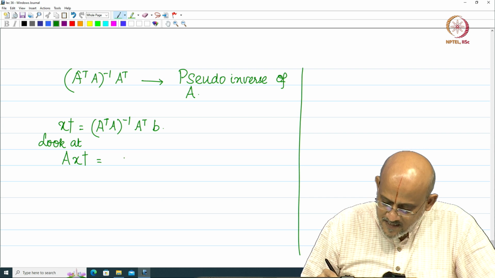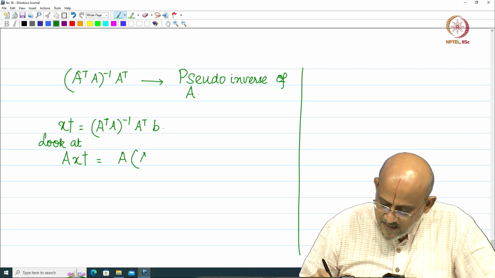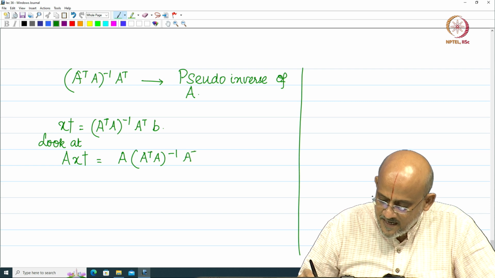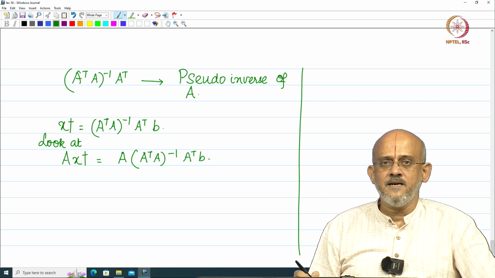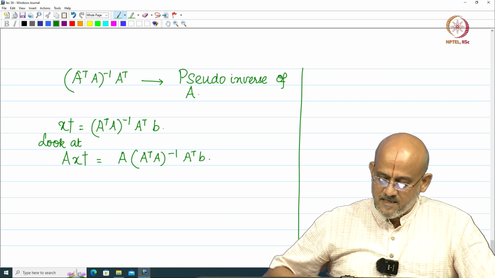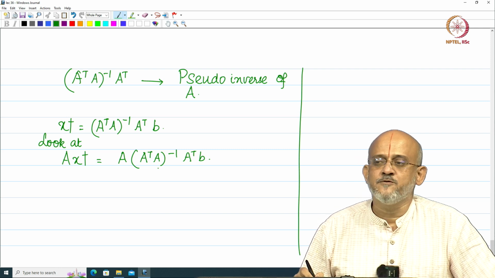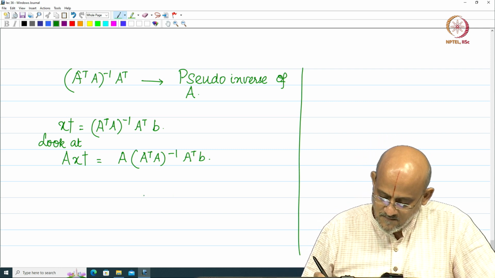AX dagger is basically A into A transpose A, the whole inverse A transpose B, is that right? This is what we have.